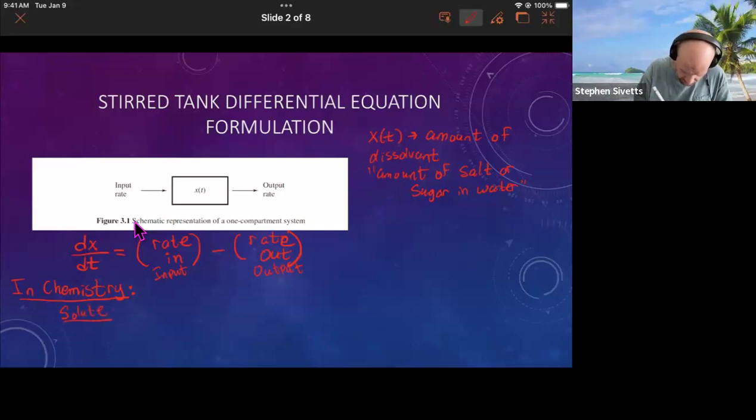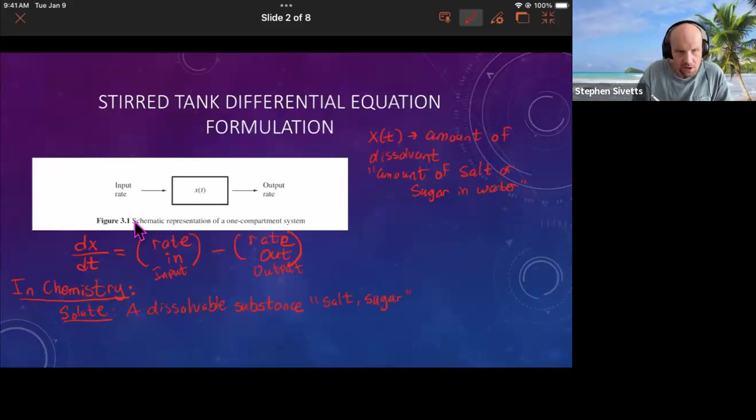A solute is a dissolvable substance, or a dissolvent, right? So it could be salt or sugar. These are just examples.